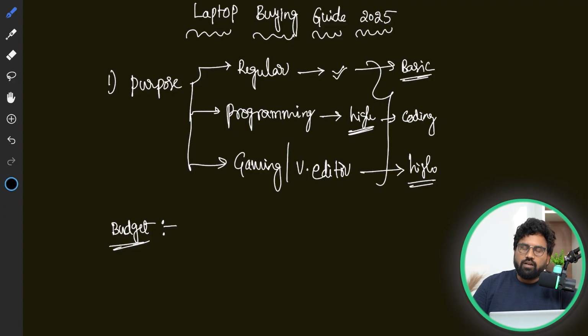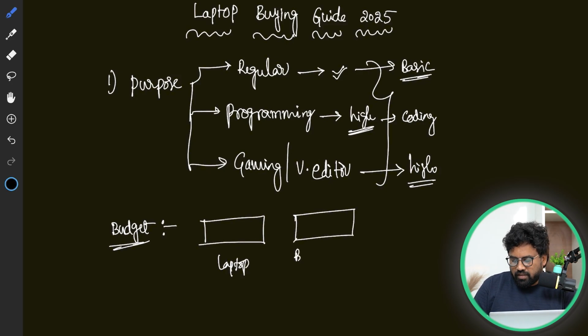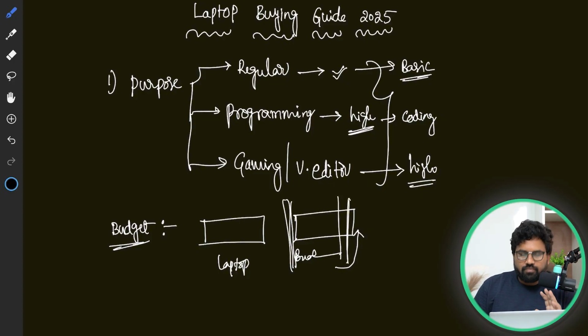A lot of people decide to purchase a laptop, and then decide the budget, and then they see more varieties or small extra expansions like memory upgrades or extra RAM, and they slowly increase their budget. So don't do this. What I am telling you is, first fix your budget, then go for the laptop upgrades.